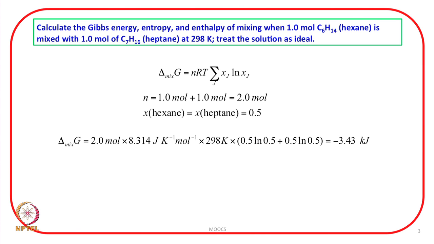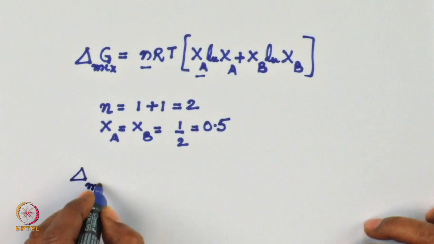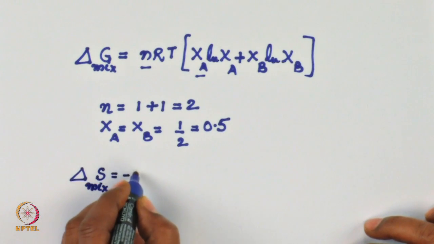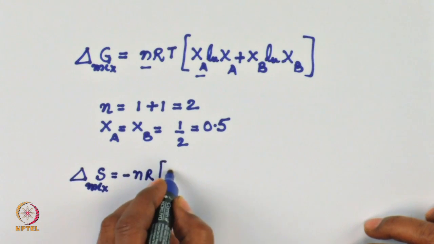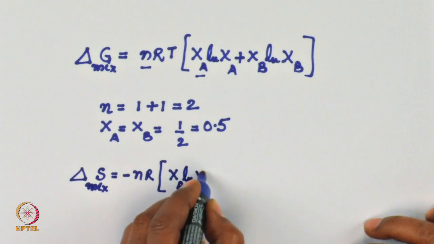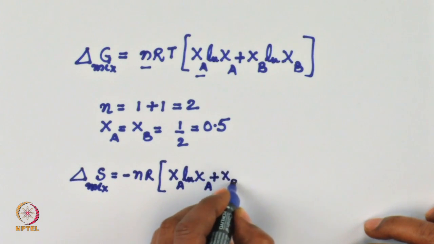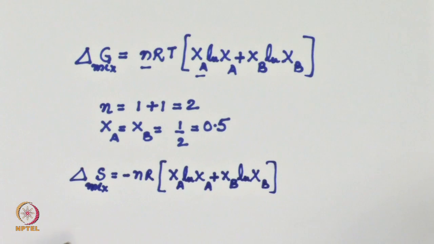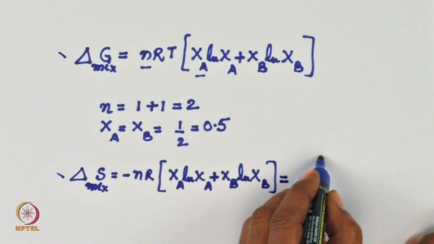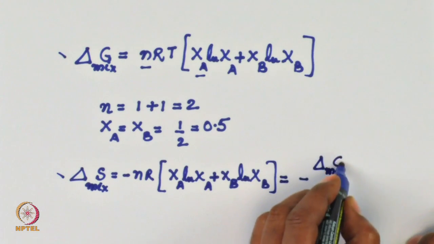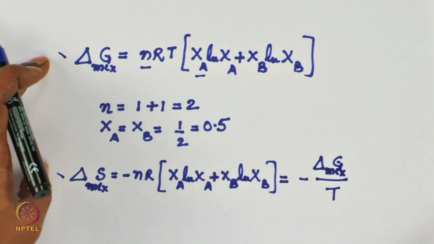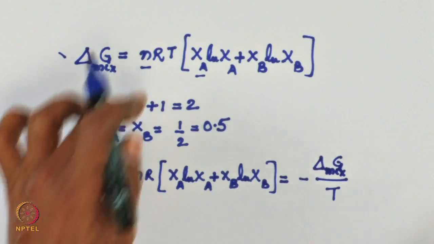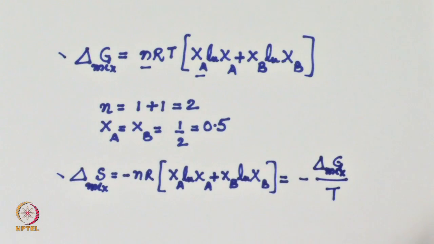Entropy of mixing is easy. We have just discussed in the previous example, entropy of mixing is minus N R times X A log X A plus X B log X B. If you compare the two equations, I can simply write this as minus delta G mixing divided by T. You simply divide the expression by T with a negative sign.